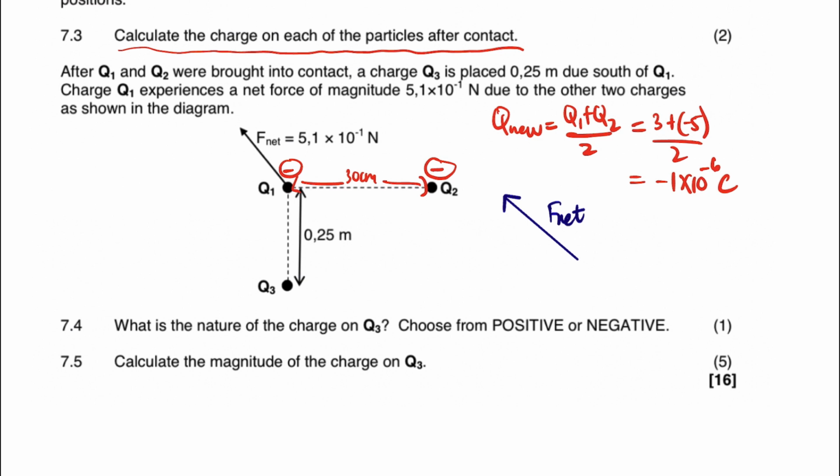And if the net force is going in that direction, and then the force of Q2 on Q1, since they're both negative, they're new charge, this one is going to repel this one in that direction. So that force is going to go in that direction. So it's a force of what? Of Q2 on Q1. I hope that makes sense.